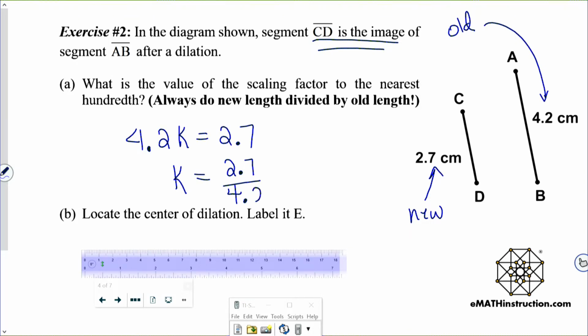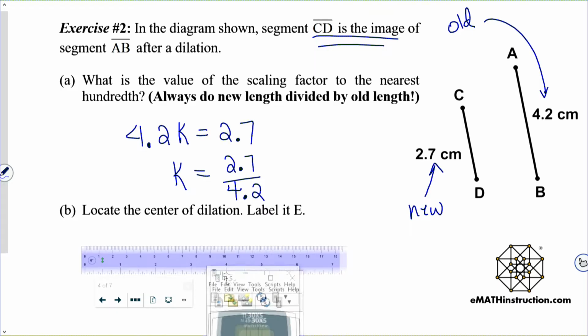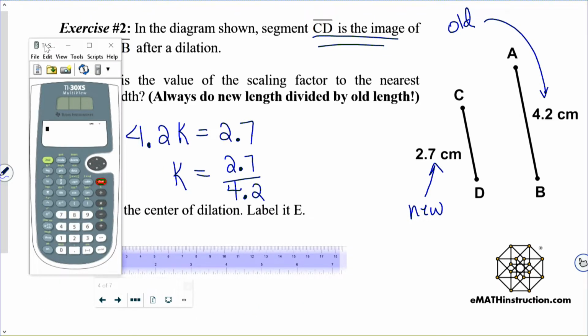And of course this is where we want our calculators. I don't want to have to do 2.7 divided by 4.2 in my head or out longhand. We just want to do it quickly on our calculator.